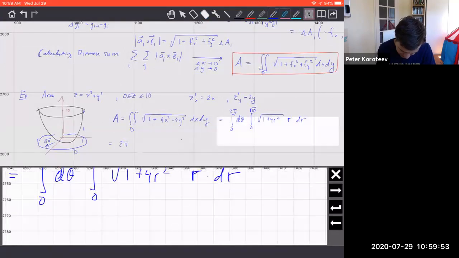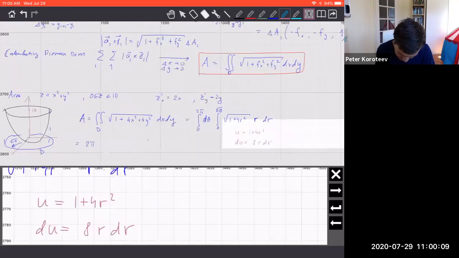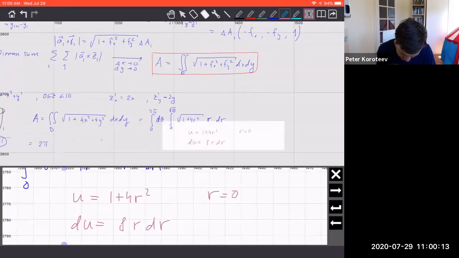We'll say u is equal to 1 plus 4r squared, and then du is equal to 8r dr. When r is equal to 0, u is equal to 1.